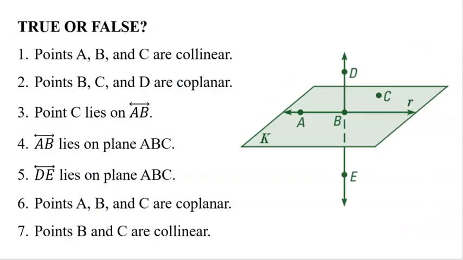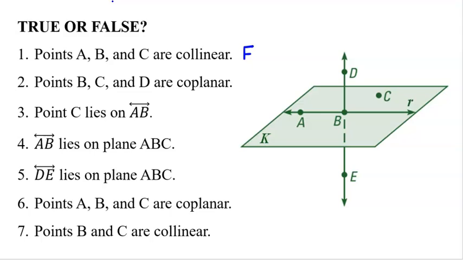For this one, we're going to do a little bit of true and false. So it says number 1, points A, B, and C are collinear. There's no straight line that connects these, and so that is going to be false. These are not collinear, however, they are coplanar. They're all laying on this flat surface here.